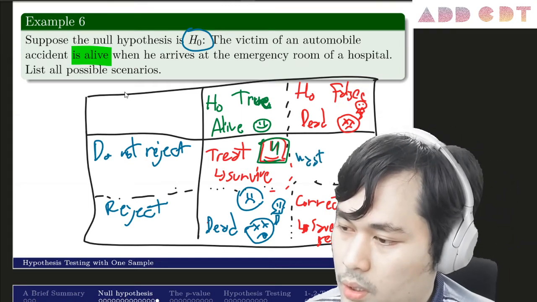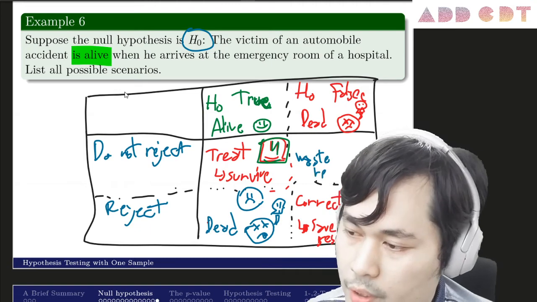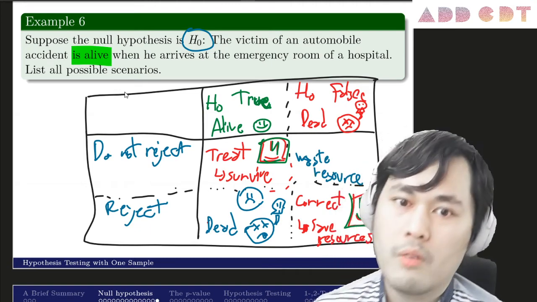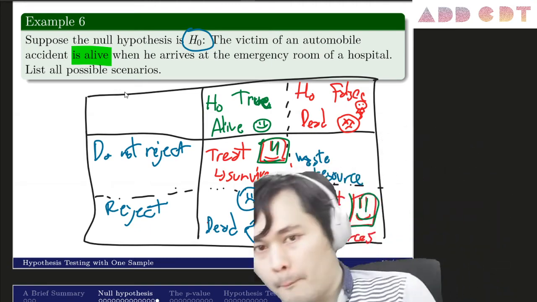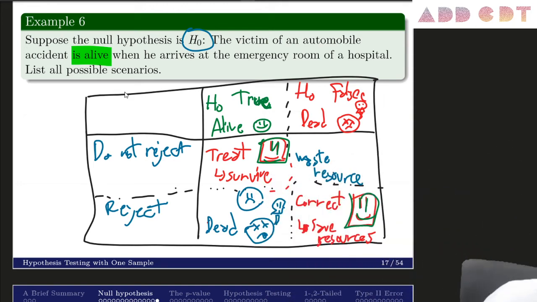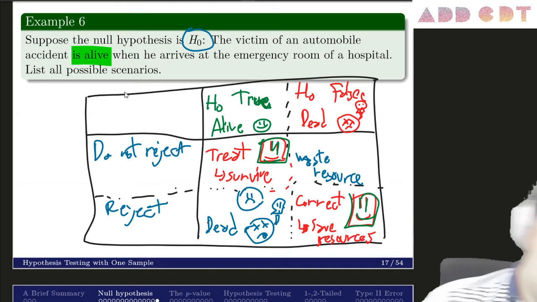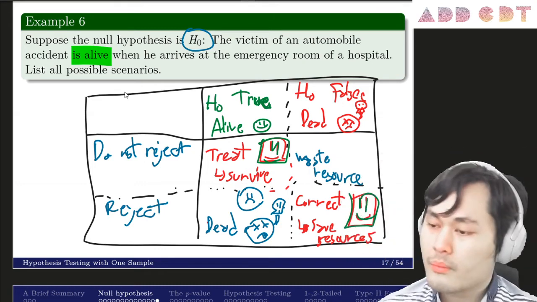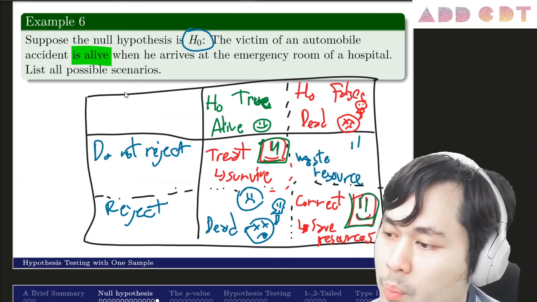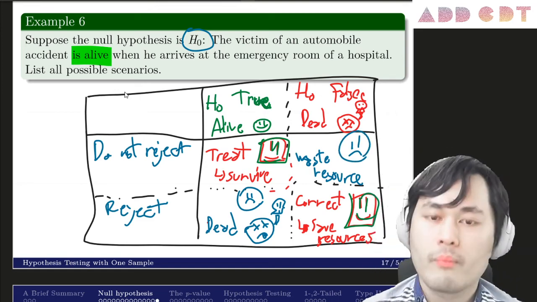So again, in this case, we are going to waste resources, and we shouldn't have to. Again, we would be unhappy with this result.